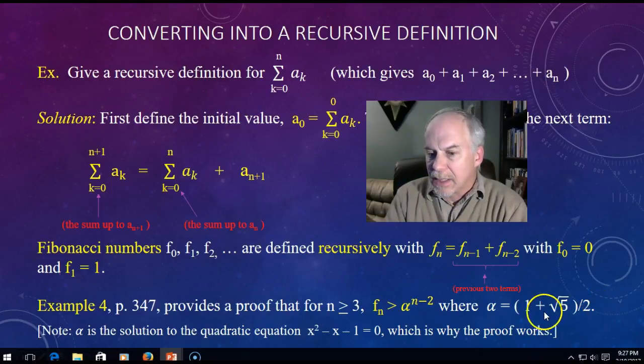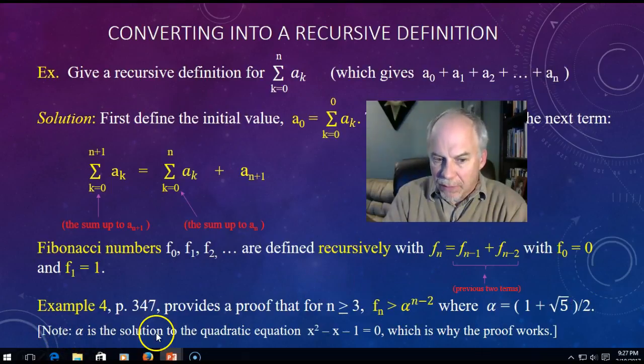That's a pretty interesting derivation of why we use this number, and why any Fibonacci number is greater than alpha to the power of n minus 2, where alpha is this number.